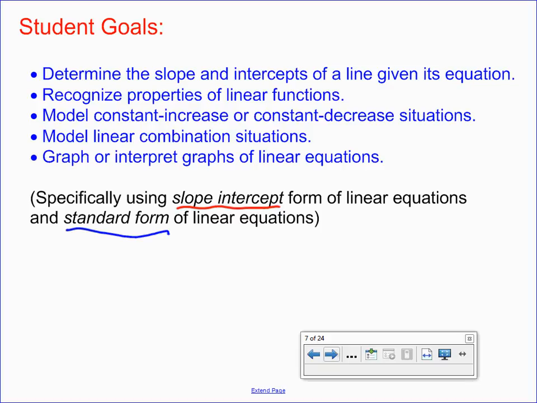Each one has their pros and cons. Sometimes slope-intercept form is the best form to use depending upon what you're trying to do. Sometimes standard form is easier to use depending upon what you're trying to do. And so we're giving you more tools. We're trying to empower you, not make math more confusing, but rather give you more tools in your bag, so to speak, so that you can select and use those tools more appropriately based on what your task at hand is.